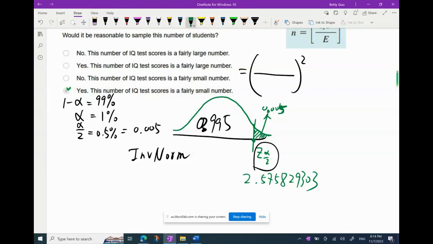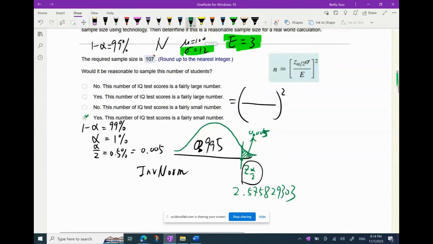In case you round it and end up with a very similar value, but not the value the system wants. We don't want that to happen. So keep the critical value as precise as possible. Then sigma is 12, so we multiply 12 over E, which is 3, and then take the power of 2.